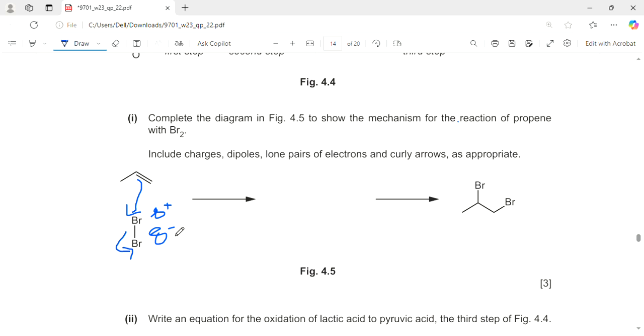So what about this? I think the double bond will be broken up. Yes.